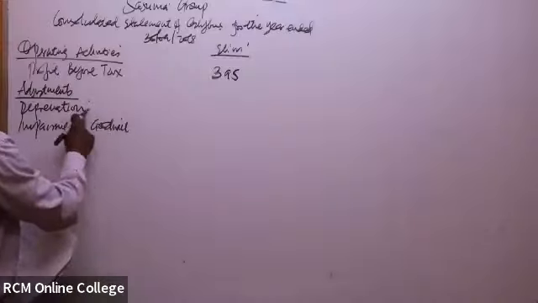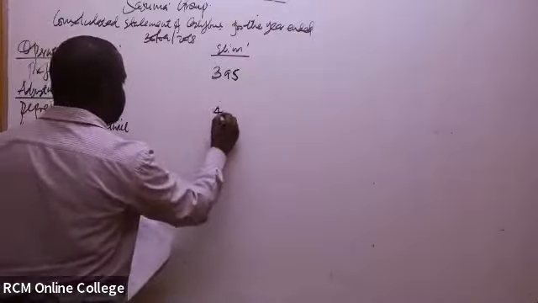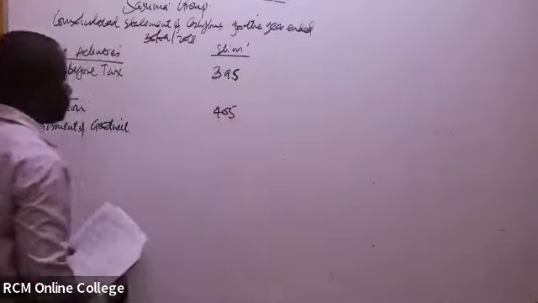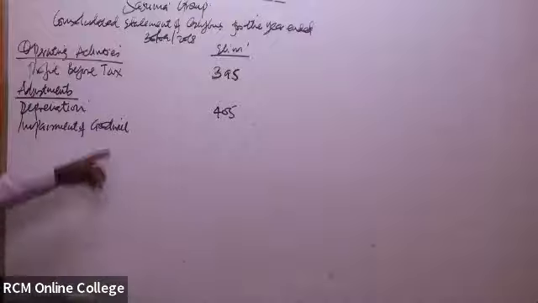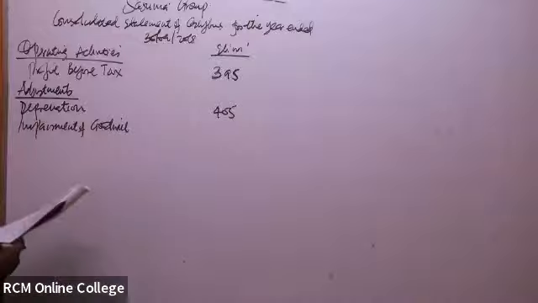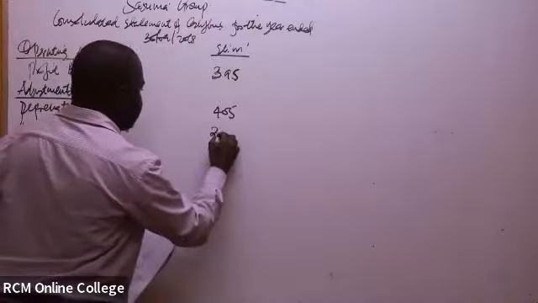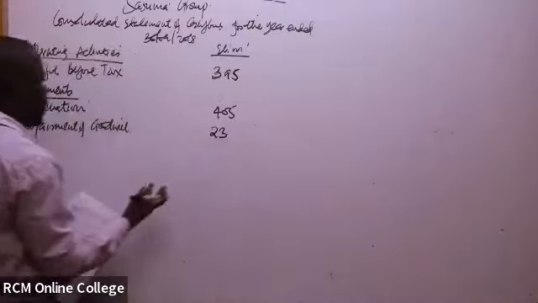Depreciation is 405. Impairment is exactly 23. You add these back because they were not a real outflow of cash.